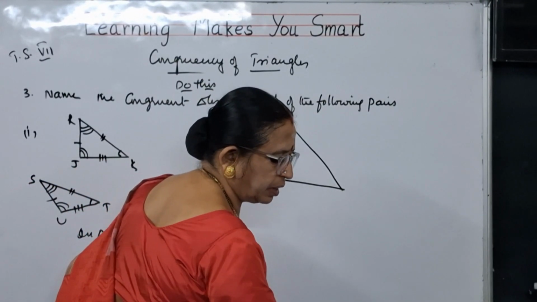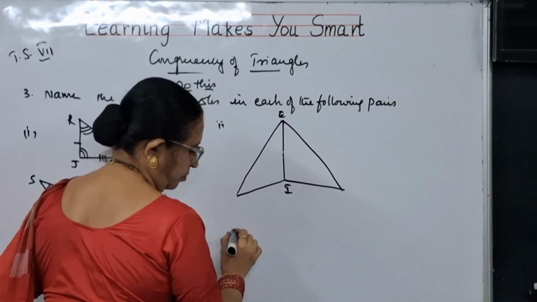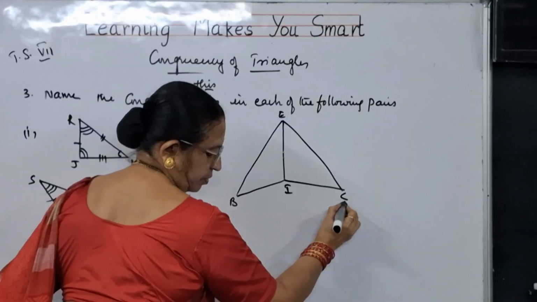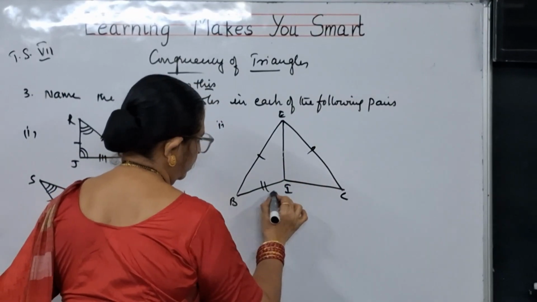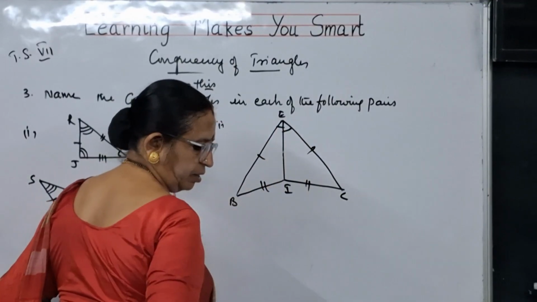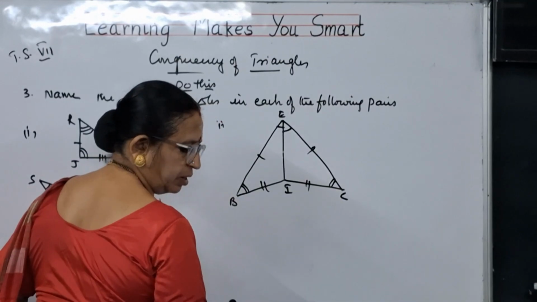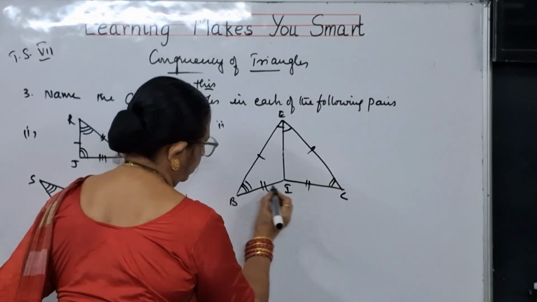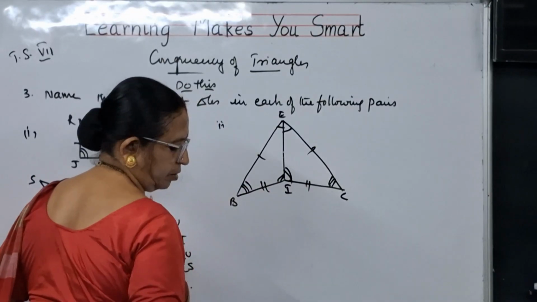E, I, B, C. These two sides are equal. These two are equal. These two angles are equal. These two angles are equal. Here 3 lines are there, and here 2 lines are there.